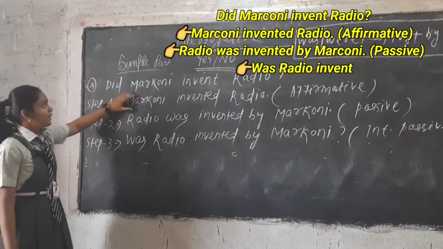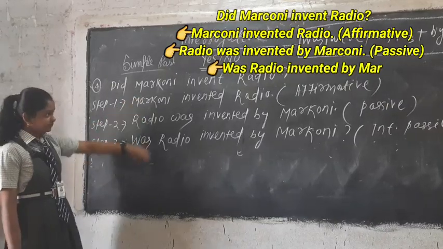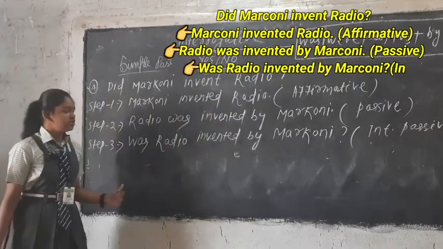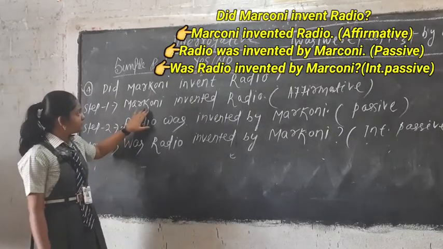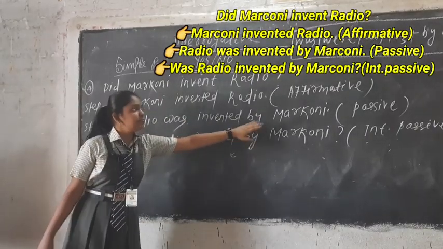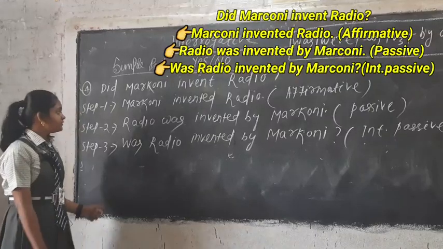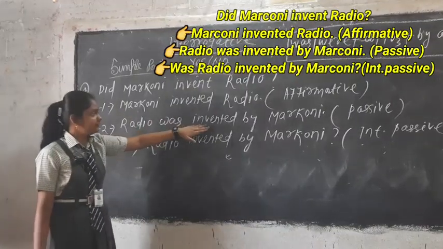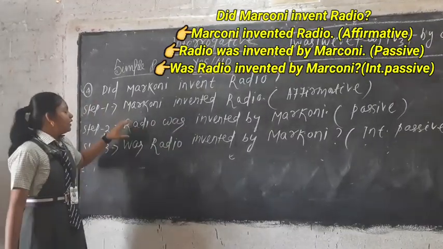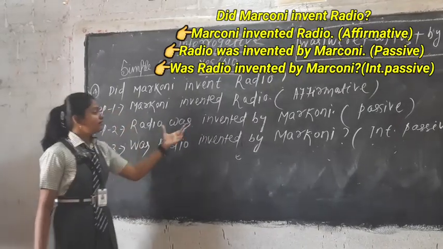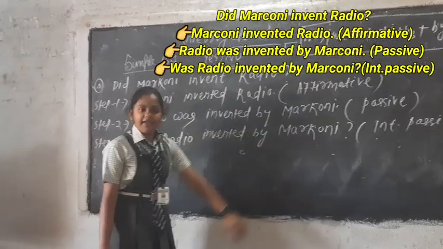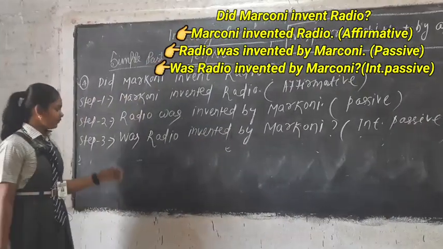The second step is to passivize this sentence. Radio here was the object, it becomes the subject in the passive voice. Marconi was the subject, it becomes by agent in the passive voice, and was invented. Radio becomes the subject, was invented is the verb, and by agent, by Marconi.